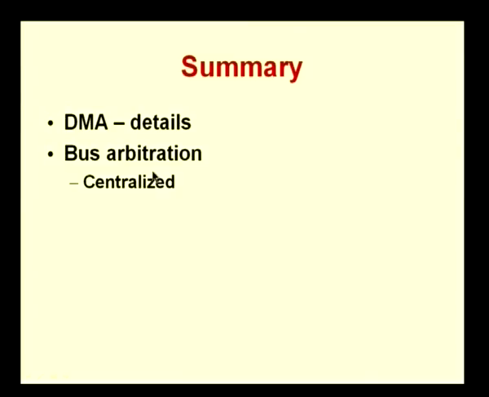One is the cycle stealing mechanism, and then the other is a burst mode of data transfer, which requires control of the bus. So, in which case it brought us to the topic of bus arbitration. We looked in detail at the centralized bus arbitration mechanism. We also mentioned that there is a distributed bus arbitration mechanism, but we looked at how the centralized bus arbitration mechanism works. So, a few questions to review today's contents.